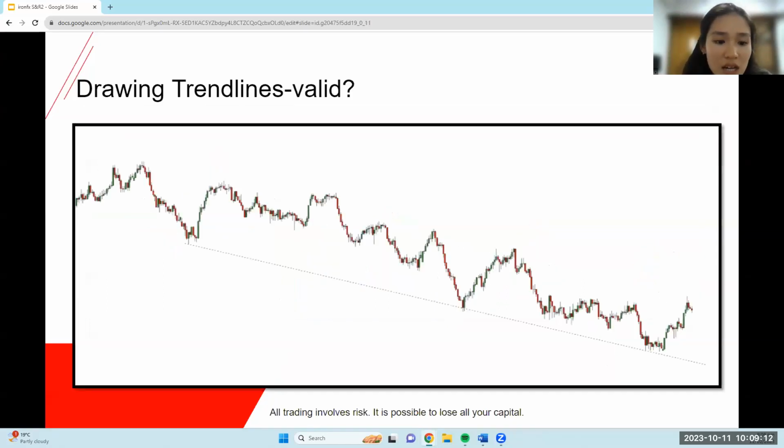Now, pretty straightforward. Let me know in the chat whether you think that this is a valid trend line or not.